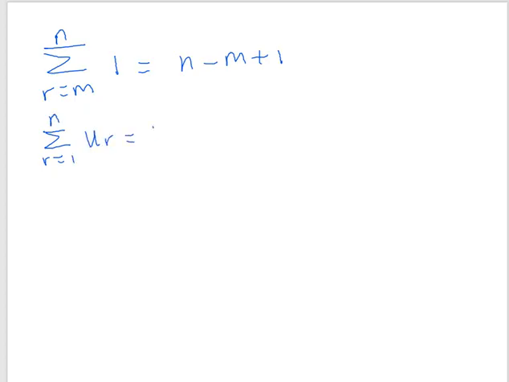This would be u1 plus u2 all the way until um minus 1, then um, um plus 1 all the way to un.